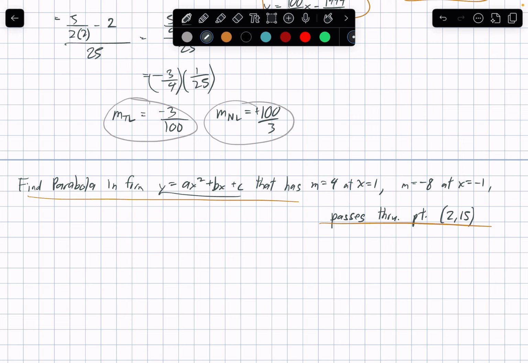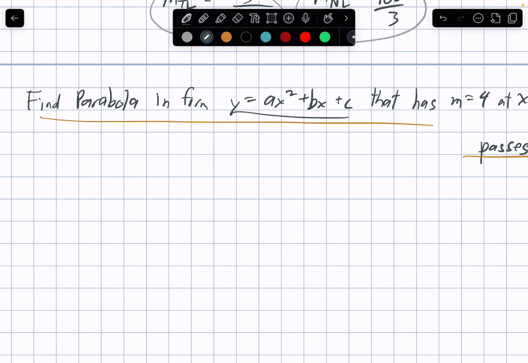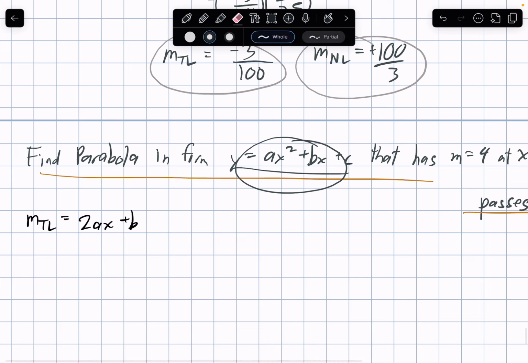So MTL is equal to 2ax plus b. We basically found the derivative of the format.